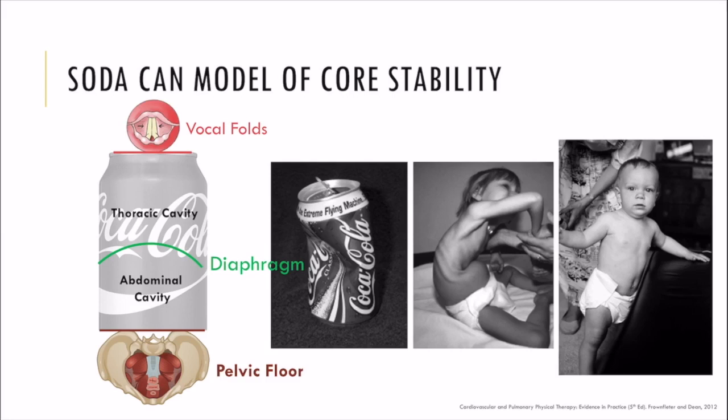Reduced ability to maintain your central pressures crushes your can and leads to things we see all the time: poor posture, poor movement strategies, abnormal muscular use and activation patterns, these long-term compensations for a poor core stability.